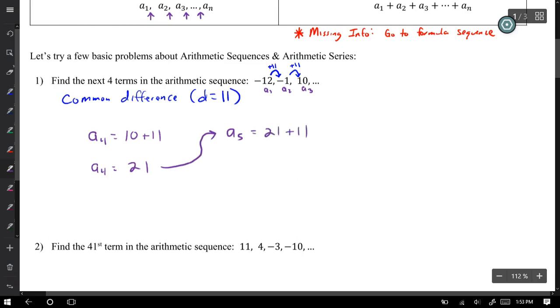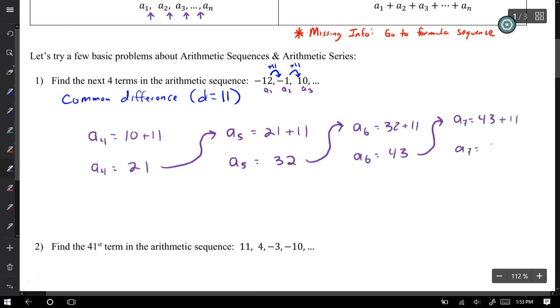So 21 plus 11. The fifth term is 32. And I can keep going. The next term, I'm going to take 32 plus 11, and I'm going to get 43. And then lastly, to find the seventh term, I'm going to take that 43 and add 11. And I'm going to get 54.